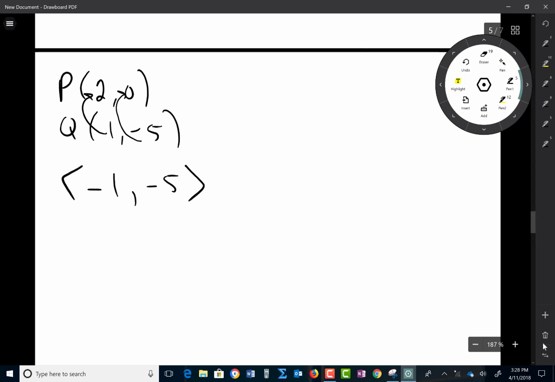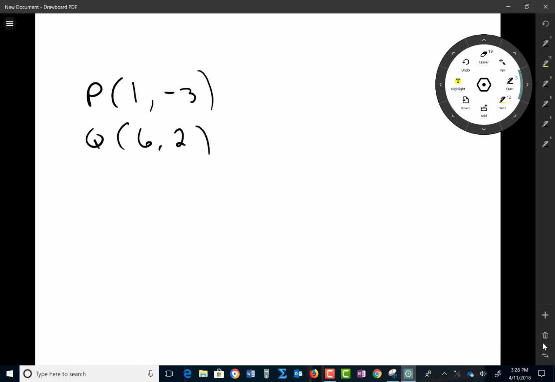On number 6, it said find the magnitude of the vector whose initial point P is 1, negative 3, and terminal point is 6, 2. So there's a couple ways that I could do that if I'm trying to find the magnitude.